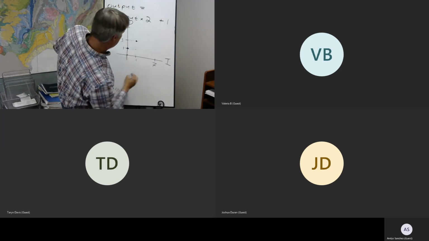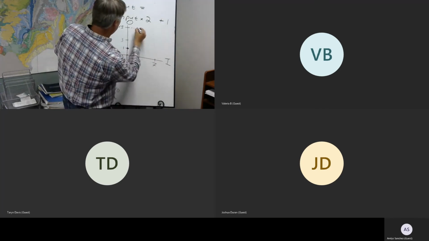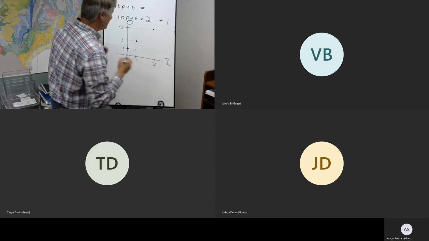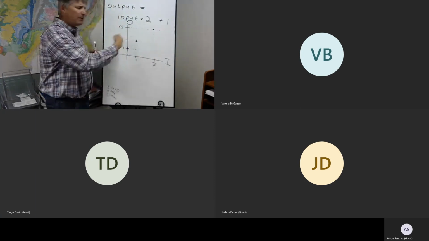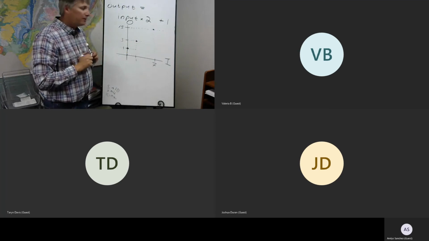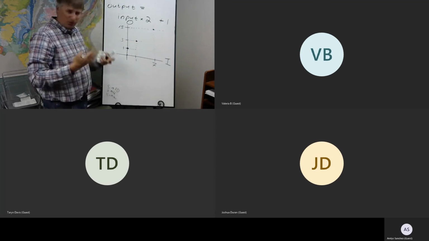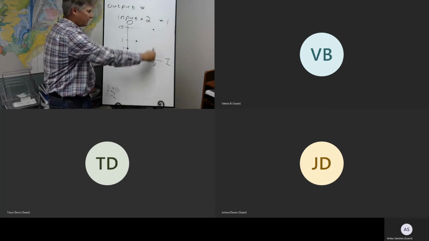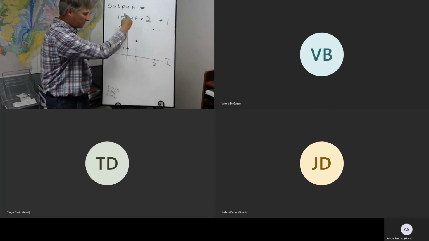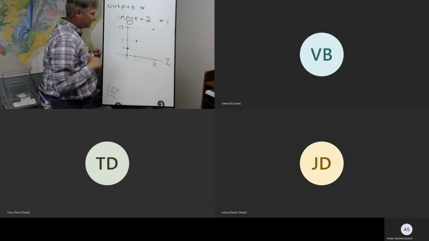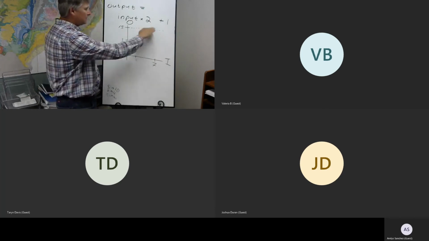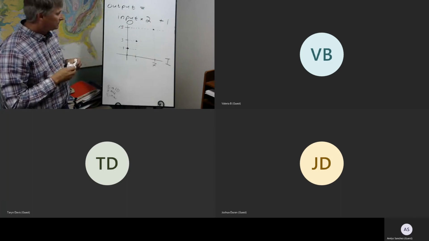And an output of 15. Now we're going to talk about making these graphs more in the next section. So I'm sort of jumping ahead here. We'll get into more about why vertical lines are being drawn along this inputs axis and why horizontal lines are being drawn up and down the output axis.